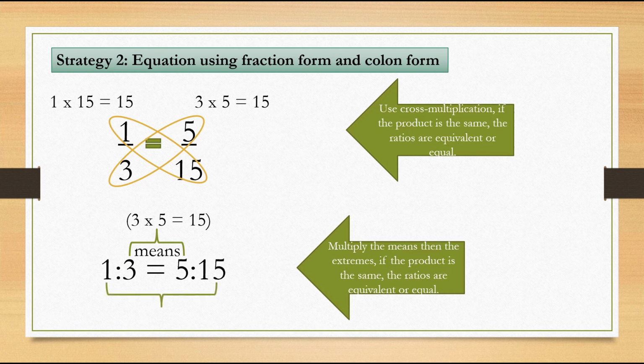Then next, multiply the extremes. So, yung ating first term, then yung ating last term or yung fourth term. Ang tawag natin dyan ay extremes. Yung mga number na nasa gilid. So, if we multiply it, that is 1 times 15, the answer is 15.